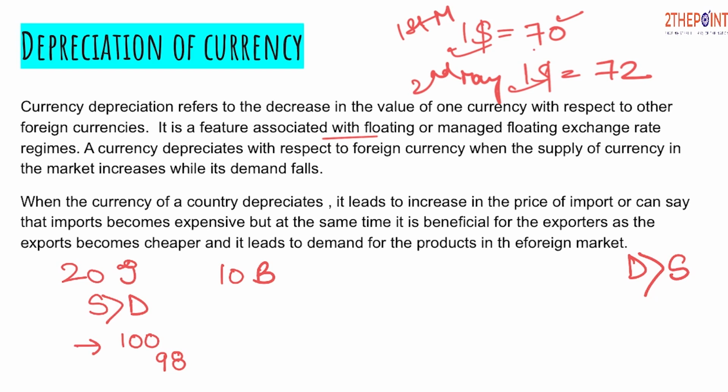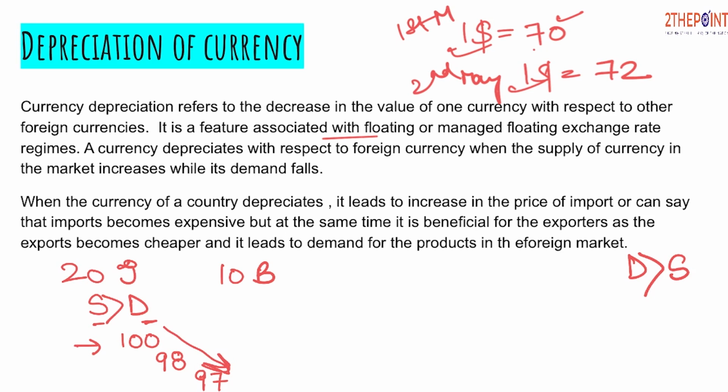Now the second buyer will come and say, I will give you 97, and buy 3 injections. Because the stockist has more injections and fewer buyers in the market, he will agree to it and sell the injection at 97. So you can see a pattern: when supply is more and demand is less, the value of the injection goes down, which means depreciation in the value of the injection.